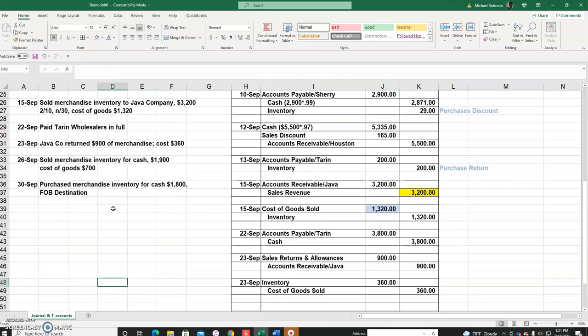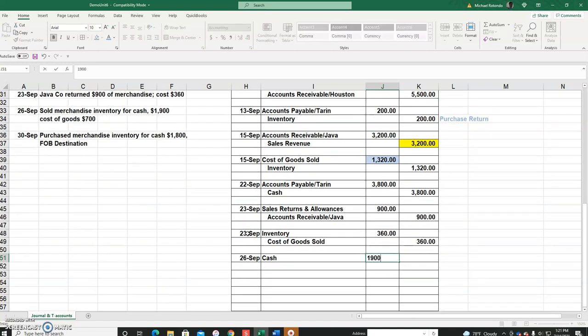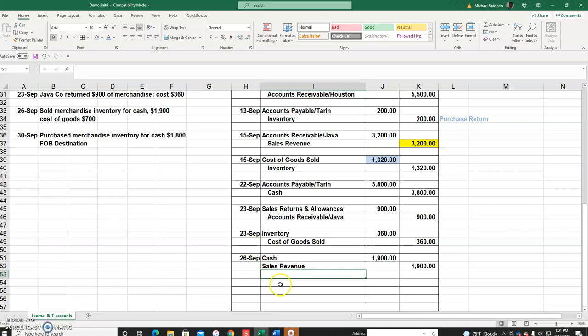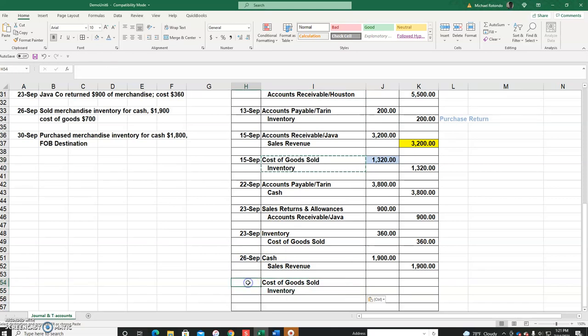Okay, and then on the 26th, we sold merchandise inventory for cash. So that's easy. We don't have to worry about a discount. It's just a debit to cash for $1,900 and a credit to sales revenue for $1,900. And of course, we have to do our debit to cost of goods sold and our credit to inventory, and that's $700.